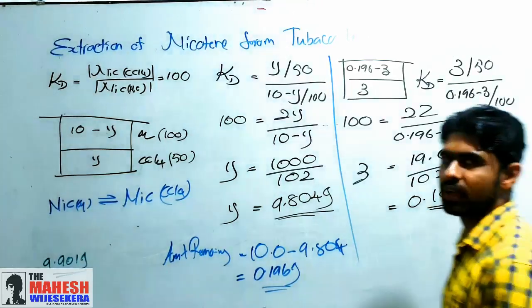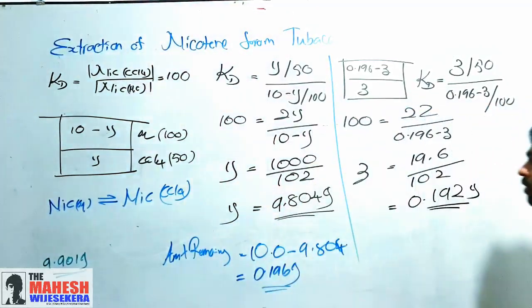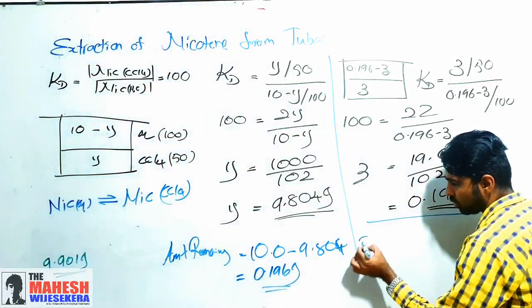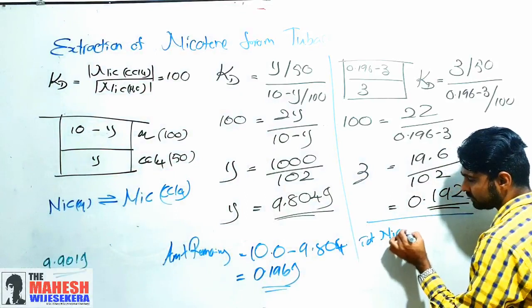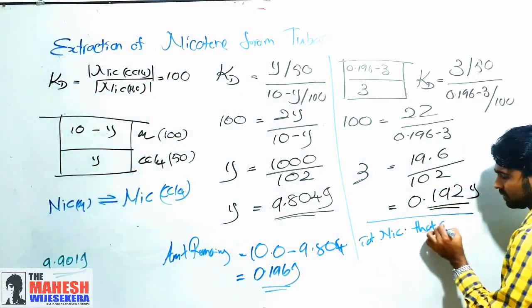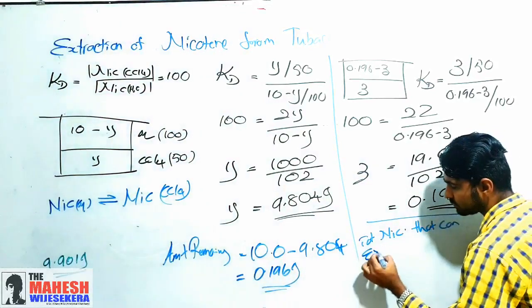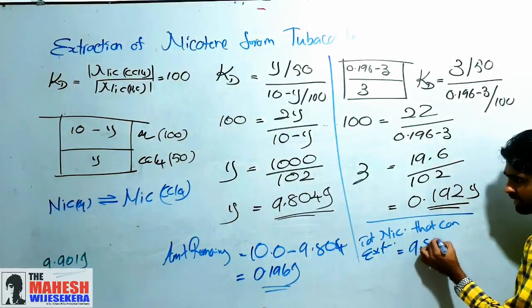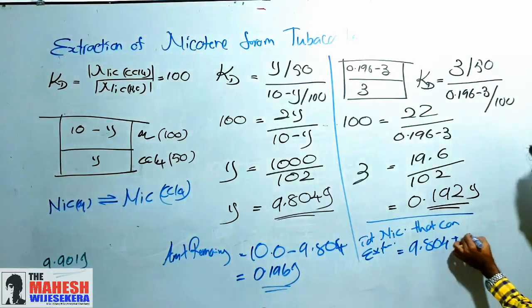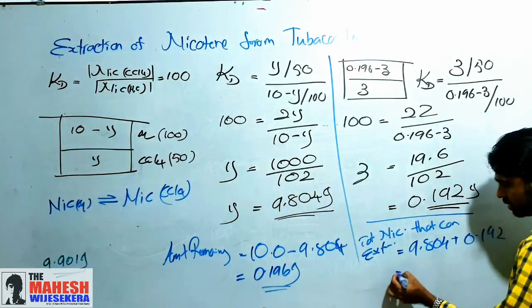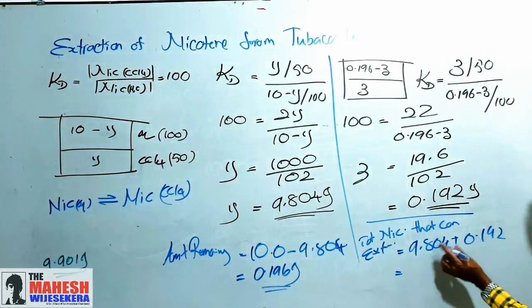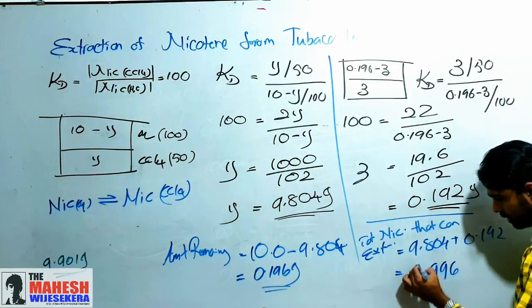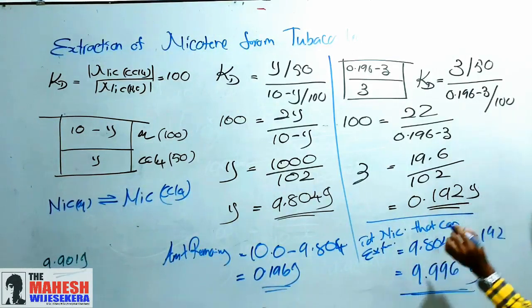So what is the total amount of nicotine that can be extracted? 9.804 plus 0.192 is 9.996 grams.